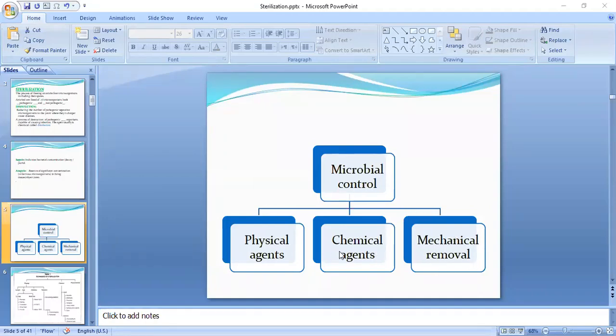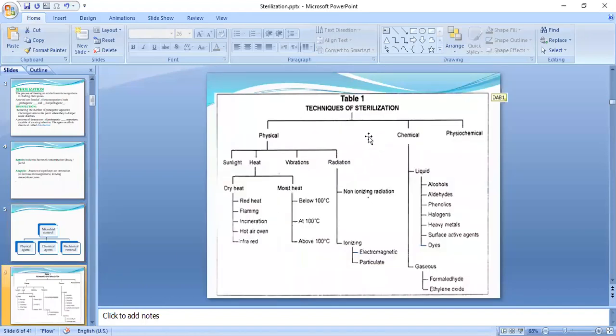These methods are again subdivided into different methods.